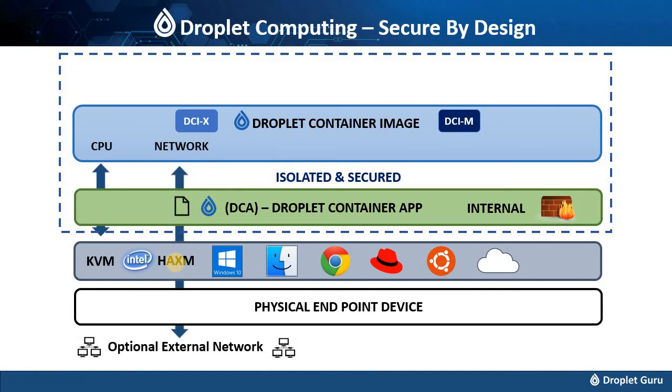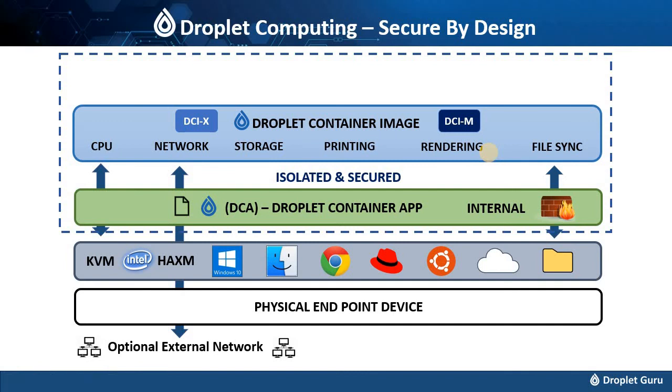You can also map networks between the device and the physical container, as well as sync files between your device and the container, which is all built into the actual Droplet container image when you install it, which also includes printing functionality, storage and rendering.